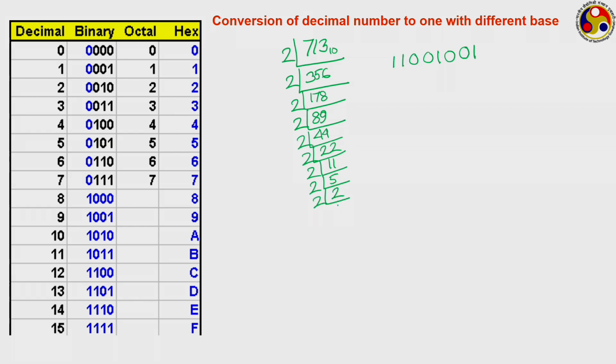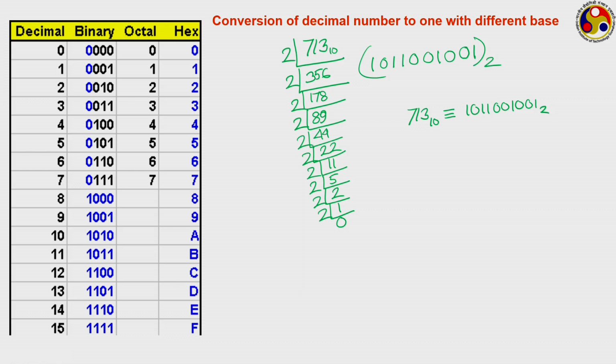Divide by 2, you are going to get 1 and nothing left. And now you divide this 1 by 2, you are going to get a 0 and a 1 as the remainder. What you have got is your corresponding binary equivalent, that is 713 in decimal is equivalent to 1011001001 in binary.